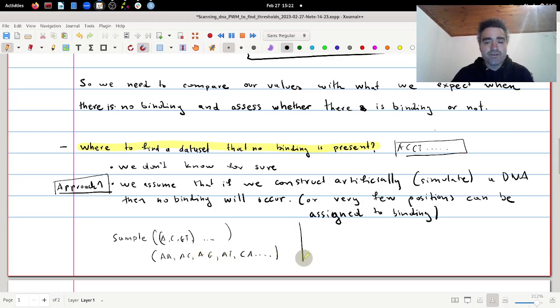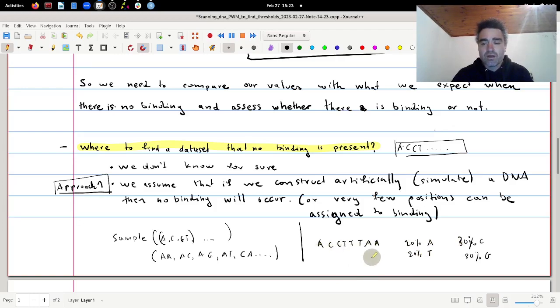We know that in real DNA the positions of the nucleotides are not entirely random. So for example, it might be that 20% of the letters is A, 20% is T, 30% is C, and 30% is G, but the order of these letters is not entirely random.